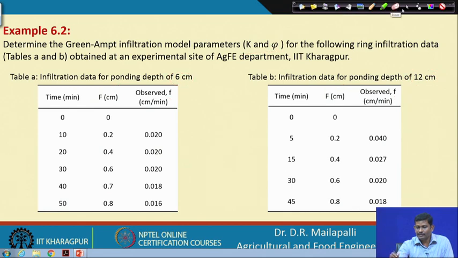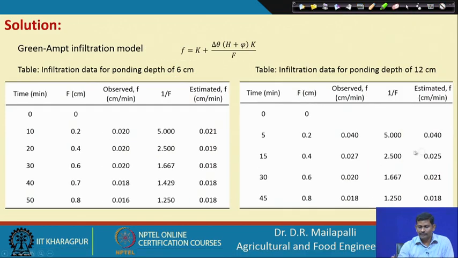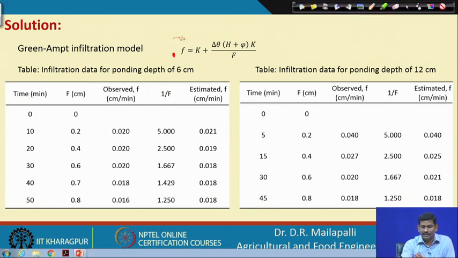The other thing is the Green-Ampt equation. Small f is equal to K times (1 plus delta theta times (h plus psi) by F).